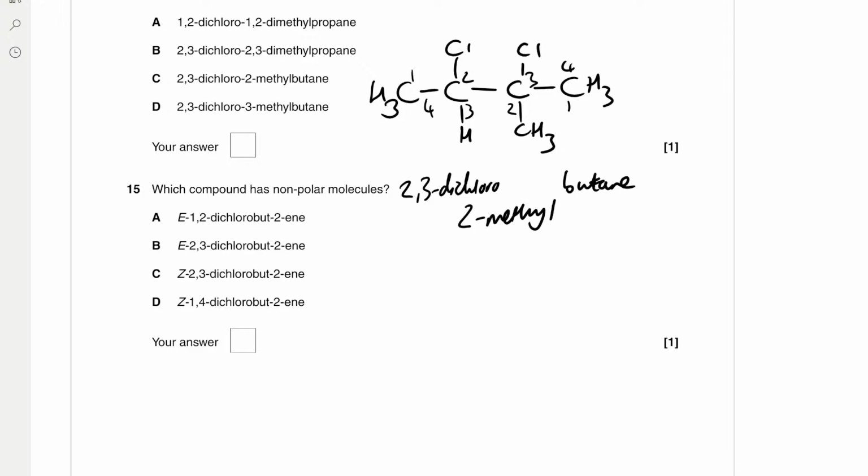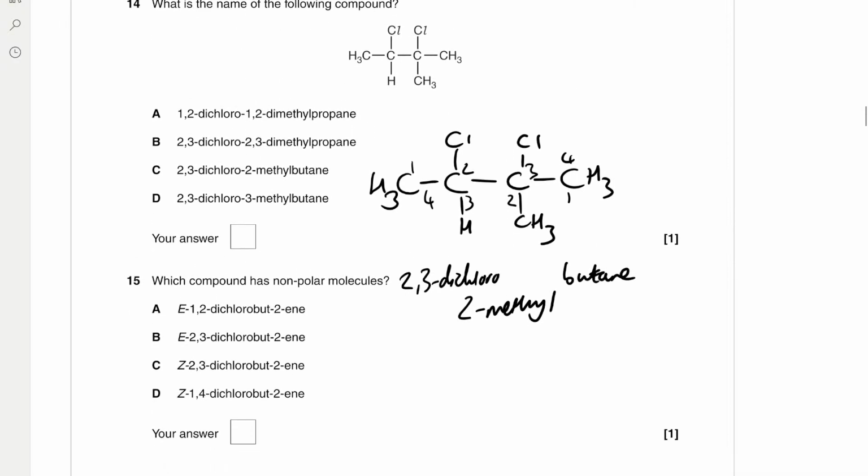So you always go for lower numbers, and it's always in alphabetical order for the extra groups. So that is 2, 3 dichloro, 2 methyl butane, which is answer C.